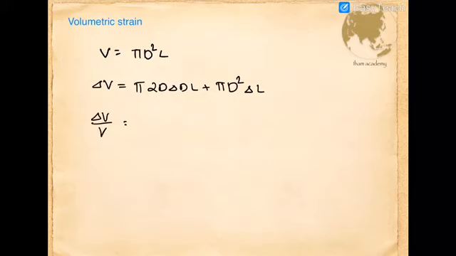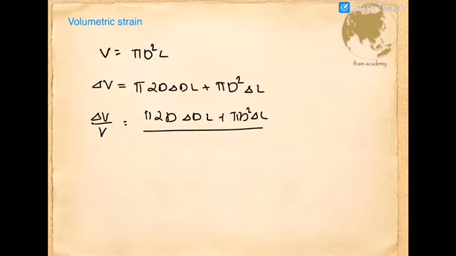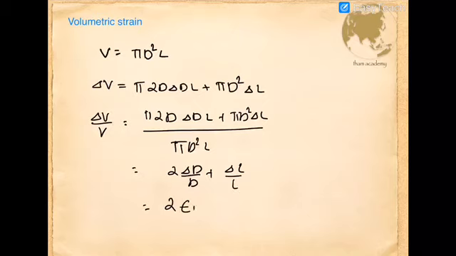If we take the volumetric strain delta V divided by V value, we will get the expression pi 2d delta d L plus pi d square delta L divided by pi d square L value. So while cancelling the terms, we will get 2 times delta d divided by d plus delta L divided by L. So we can say that is epsilon d plus epsilon L value.